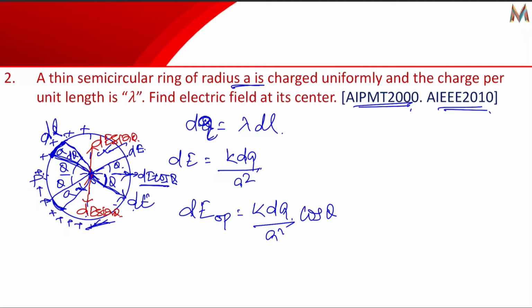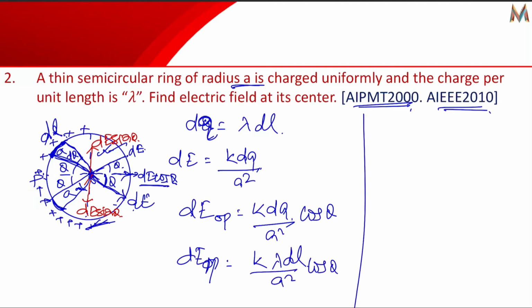Now let us put the value of dq. Along OP, dE will be K lambda dl upon A square cos theta.